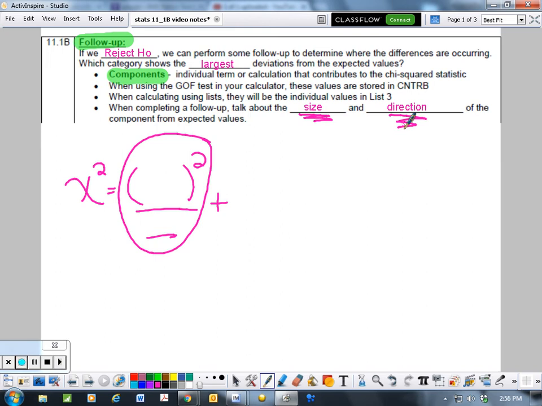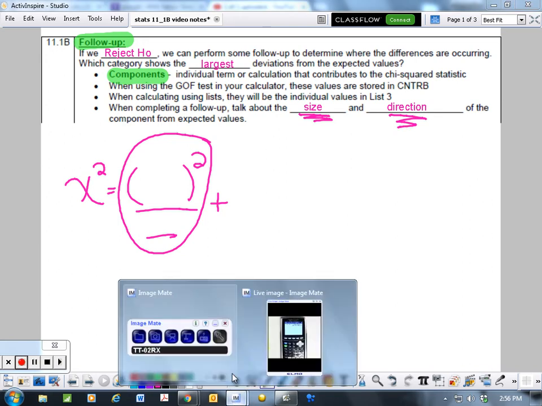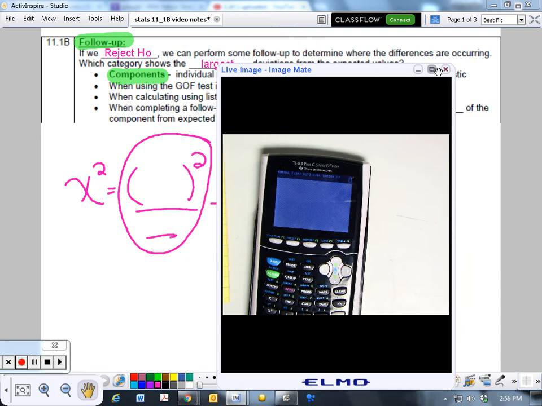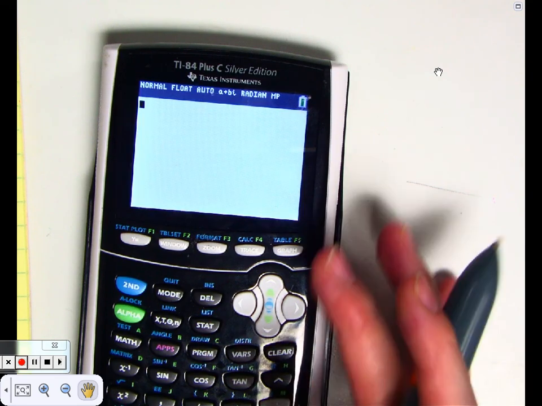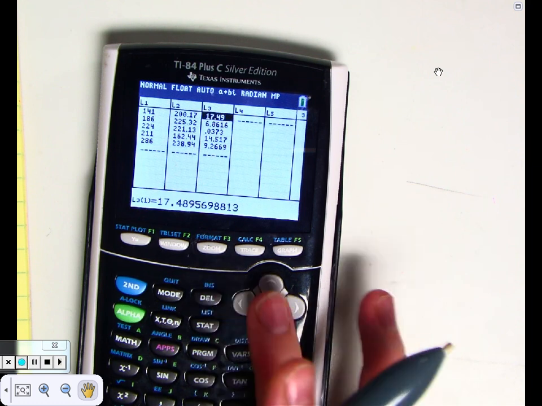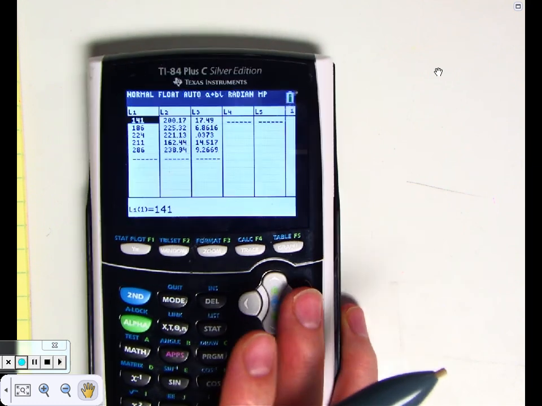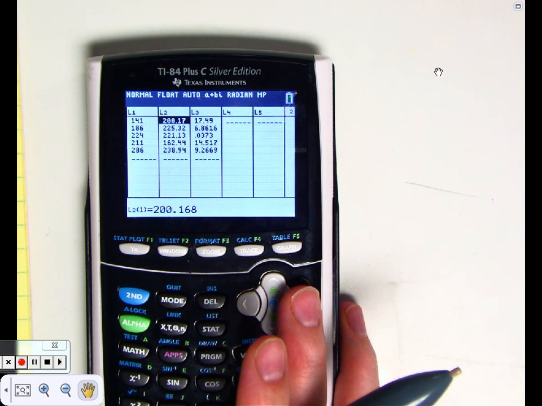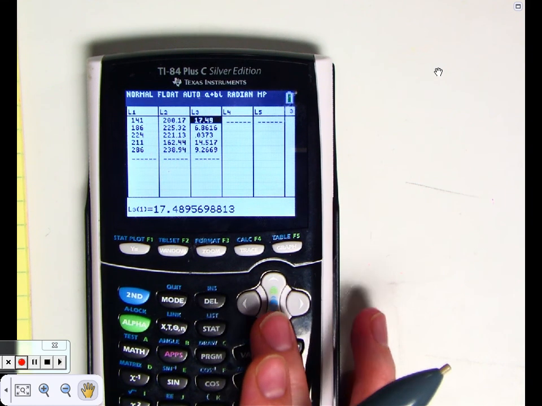If we look at our last problem from the last set of notes, I have it still programmed in my calculator. We were looking at the proportion of people in their 20s, 30s, and 40s. On the calculator, in the stat list, here was our actual, observed value, this was our expected value, and this is the chi-squared component.